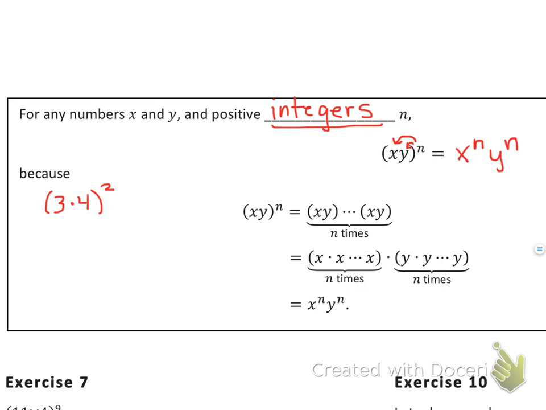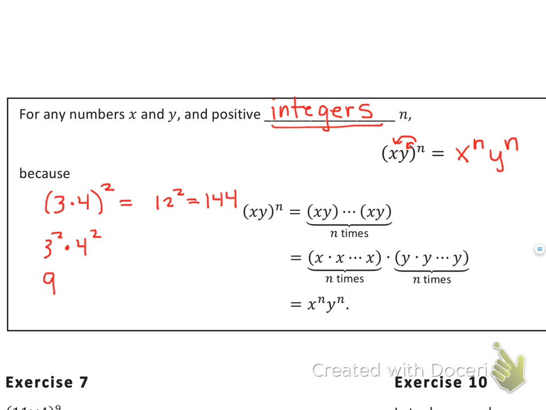To look at how that works with a number instead of a variable, we have 3 times 4, and then we're taking that value and squaring it. If we followed order of operations, that would give us 12 squared, which you should know is equal to 144. But we can take our new rule and say that 3 times 4 raised to the second power is the same as 3 squared times 4 squared.